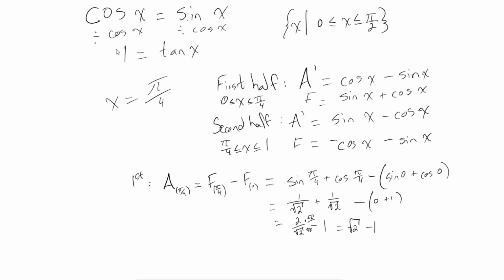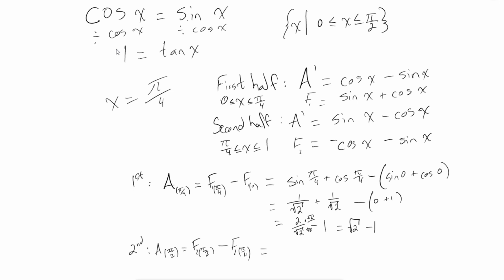For the second half, I'm going to do something similar, but it's the area at pi over 2, which is equal to my second function at pi over 2. And they put little marks there to differentiate between them, so maybe let's do that as well. Minus, since the pi over 4 shows up in both of them, we have to be careful not to do the wrong one.